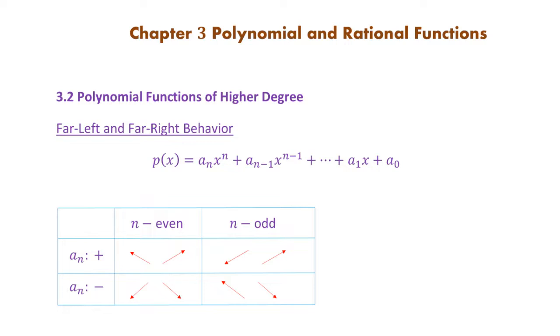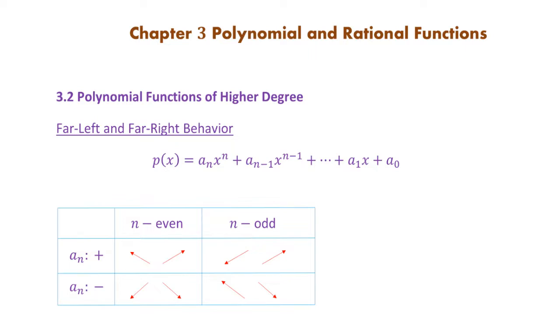combination, or the first case, is the graph of polynomial p goes up both on the upper left and upper right. And this happens when the highest power n, we call it degree, is even, and the coefficient for the leading term x to the n is positive.